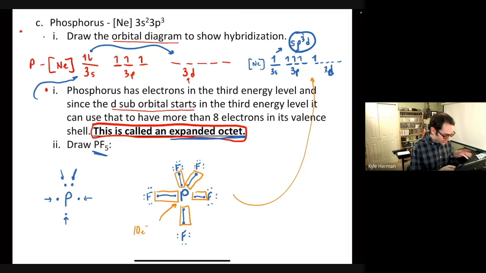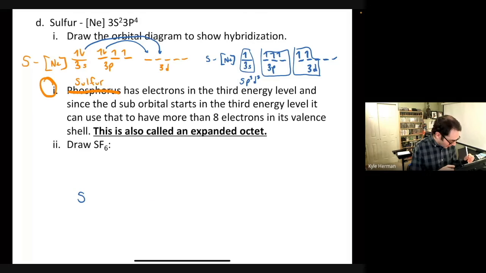Now let's draw this down at the bottom. Sulfur has 6 valence electrons. So we have 1, 2, 3, 4, and then 5, and then 6 here. And you can see that there's going to be 6 fluorines that can attach to it. So just like the last one, we would just put fluorines around each of those 6 electrons.